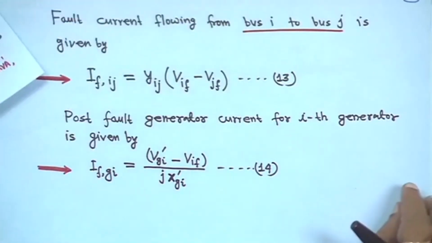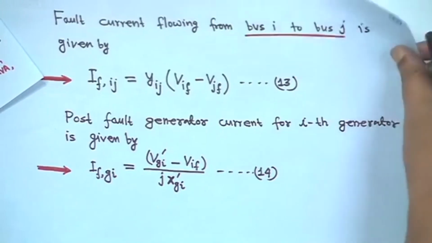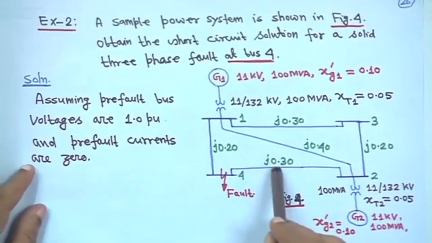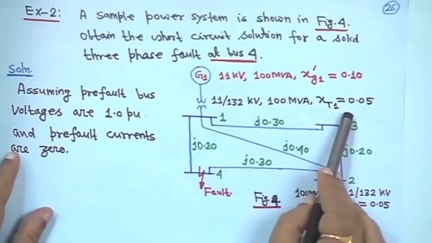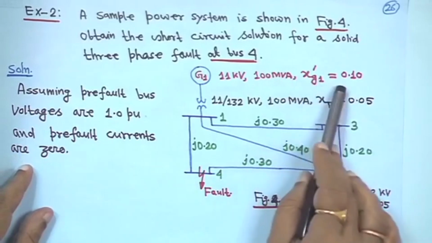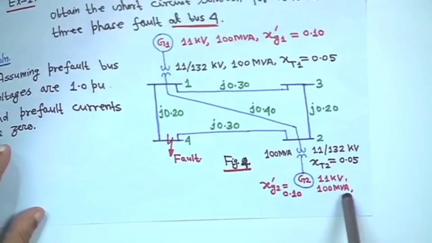Now, before going to the Z bus algorithm, we will take one example. This is a network: a transformer is there, its reactance is given; a generator is there, Xg1 dash is given, here also with the same rating, 11 kV, 100 MVA.